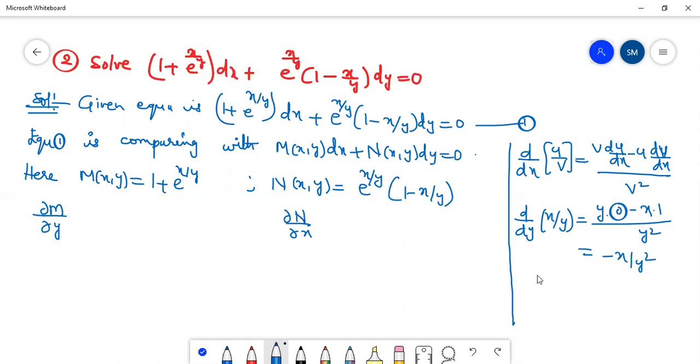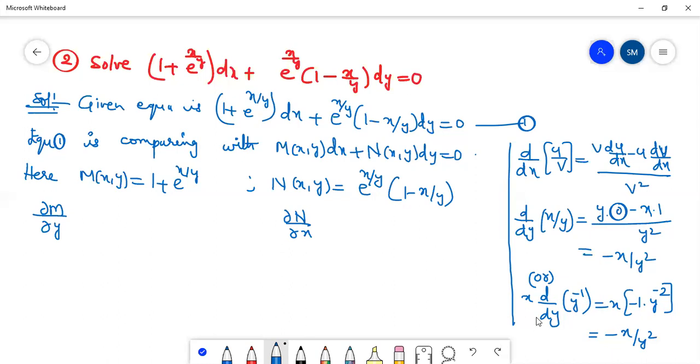It is equal to -x/y². Or by the same method, here x is a constant, so outside: x d/dy of y^(-1), that is x times -1 times y^(-1-1), that is y^(-2). It is also -x/y². We can go through any one of the derivative formulas.